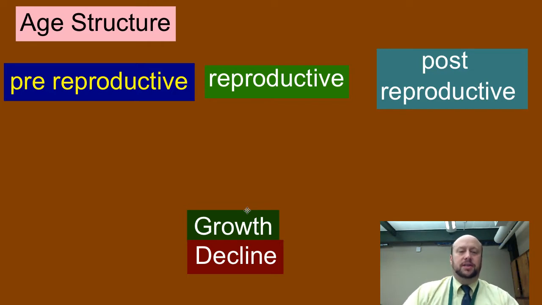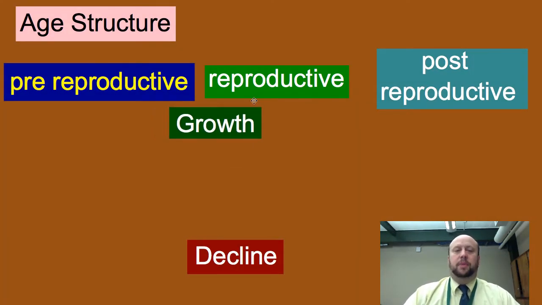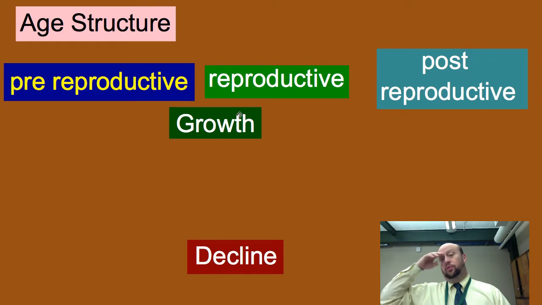And how these affect your population depends on which ones you have more or less of. If you have a large number of your population in the reproductive area or close to the reproductive age, then you're probably going to see a really high population growth.